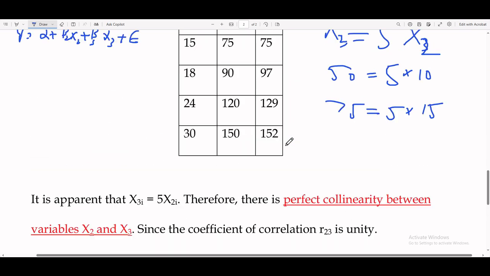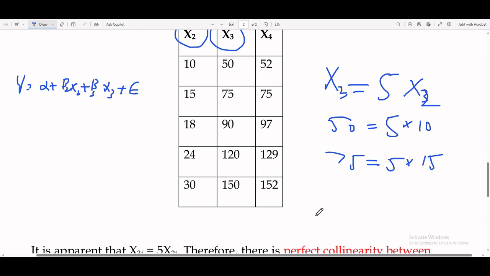And in this case, the correlation coefficient between the second and third variable is equal to 1. Now we check the relationship between x2 and x4. Here is x4.